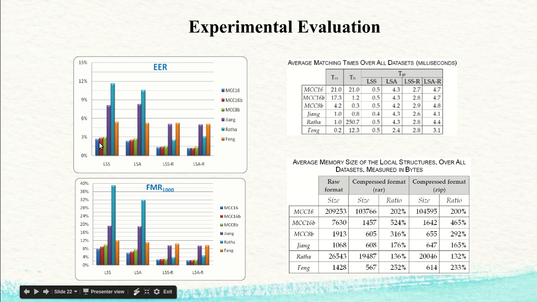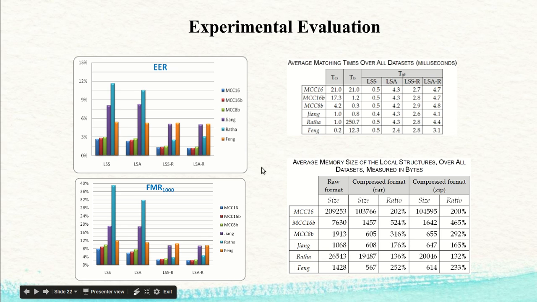We see the EER values are lower as compared to the other three. And as we use the techniques LSS, LSA, LSSR, LSAR, it is higher for LSS, but I'm talking only about MCC. For LSA it is lower, then it gets lower again. So as we can see, MCC is better in equal error rate.